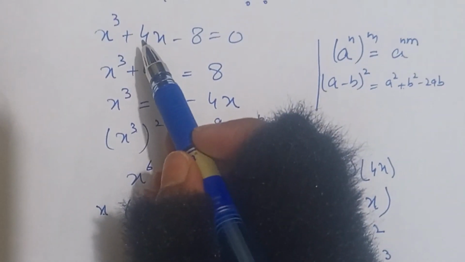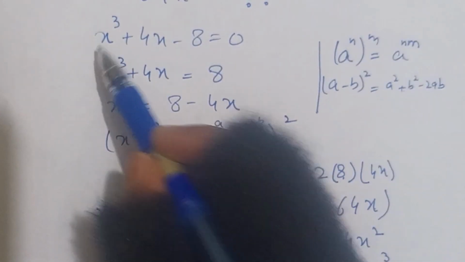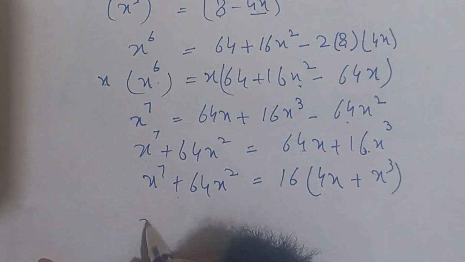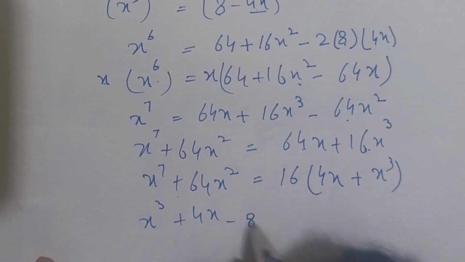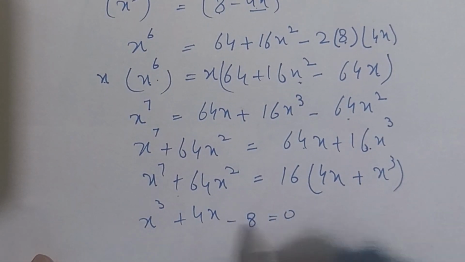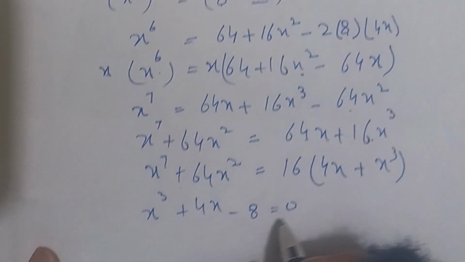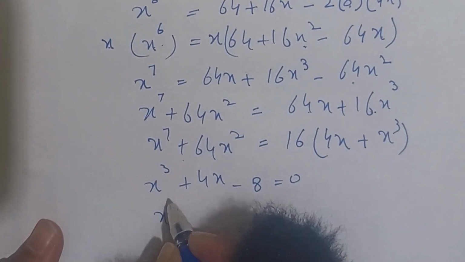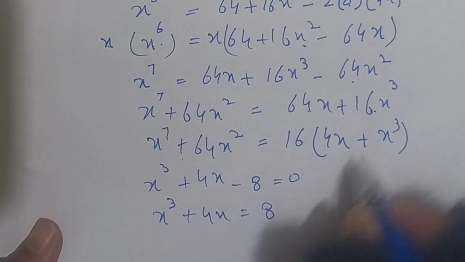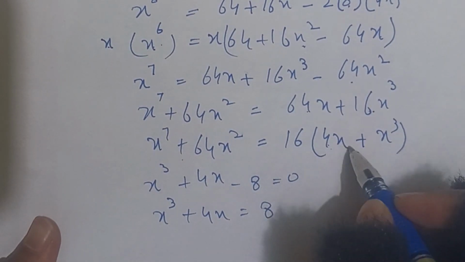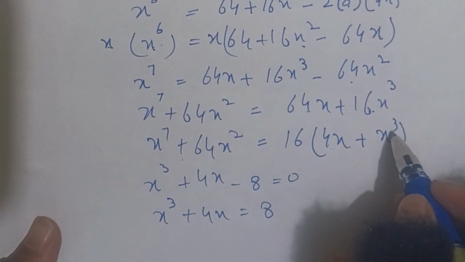Now look at this equation: x cube plus 4x minus 8 is equal to 0. If we add 8 on both sides of our equation, then this will become x cube plus 4x equal to 8. So this implies the value of 4x plus x cube is equal to 8.